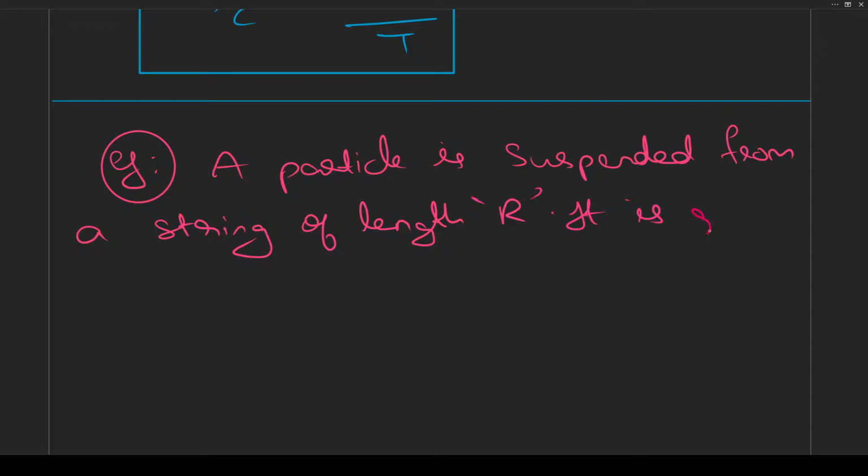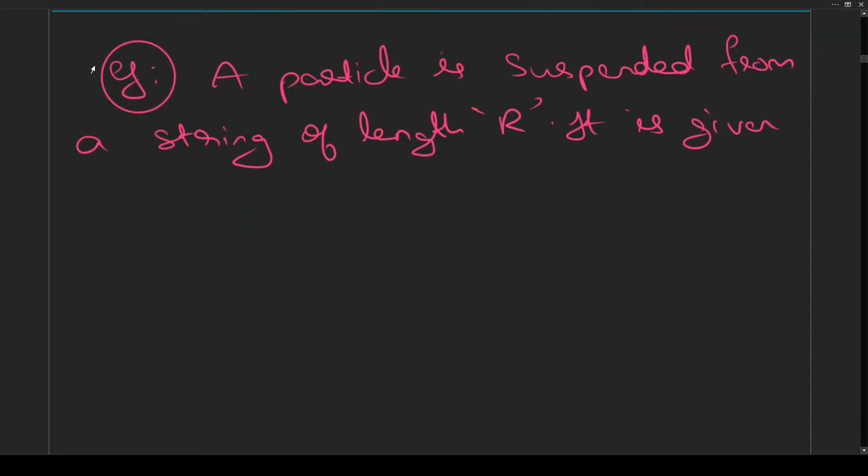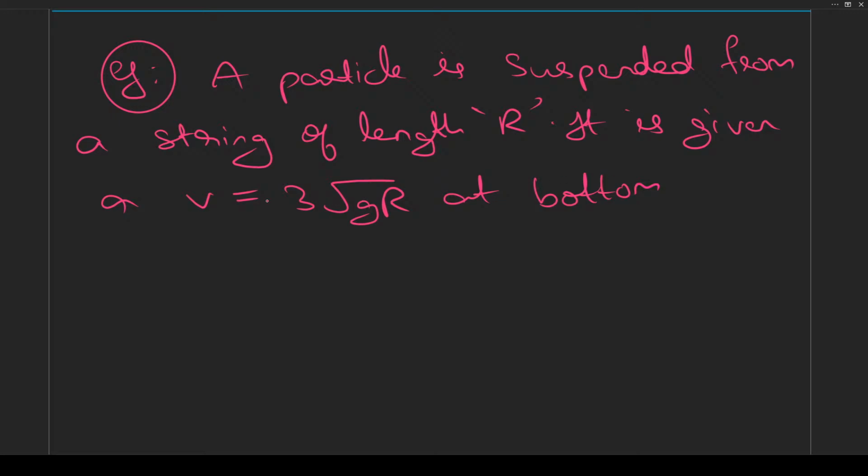It is given a velocity u equal to 3 root gr at the bottom. Find the velocity at point B.